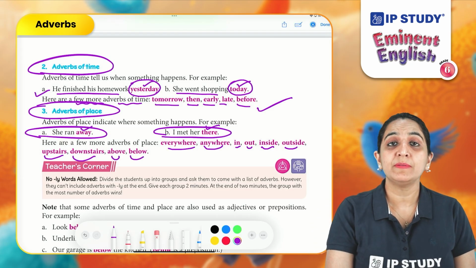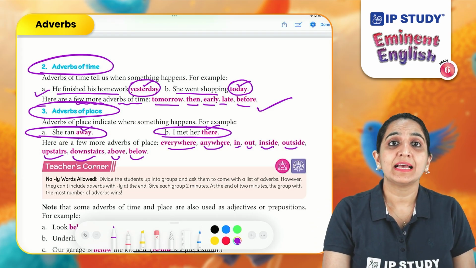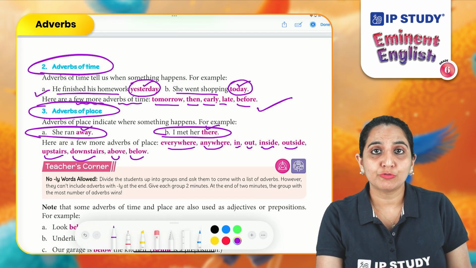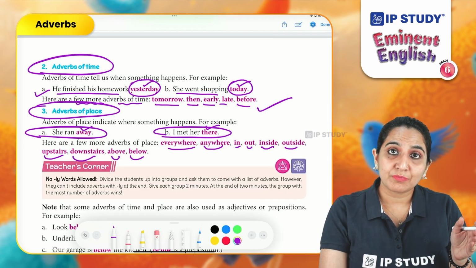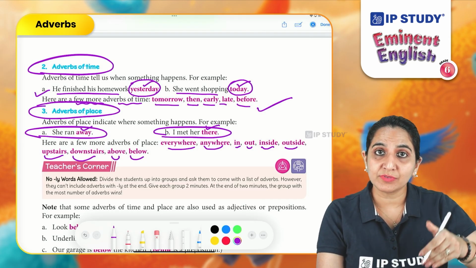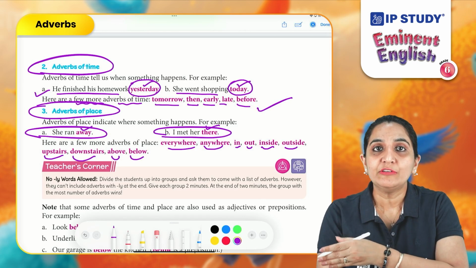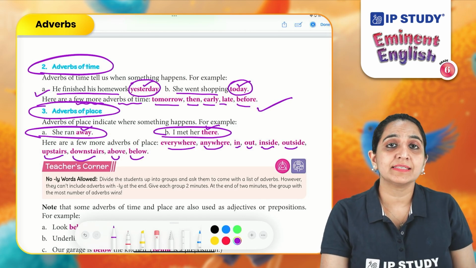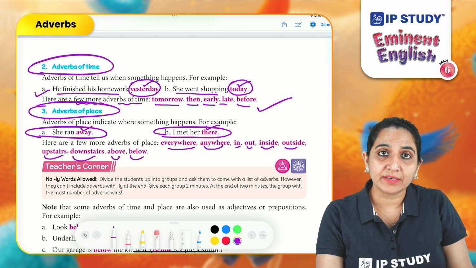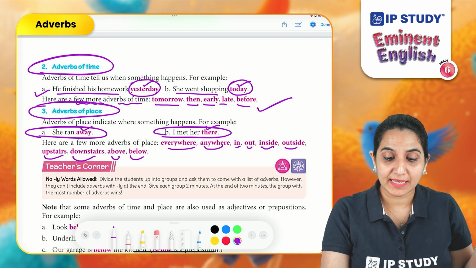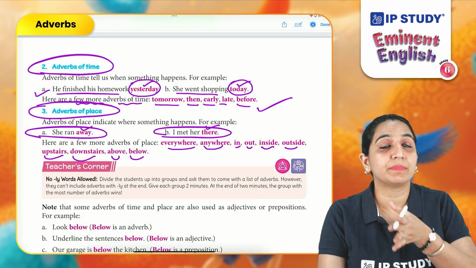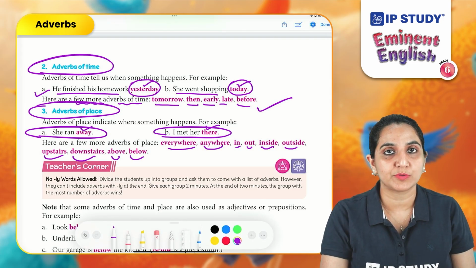For example, Maya's room is above my room, or Maya is going downstairs to meet her friend. So this is describing where an action is taking place. That means it indicates where something happens. This is called adverbs of place.